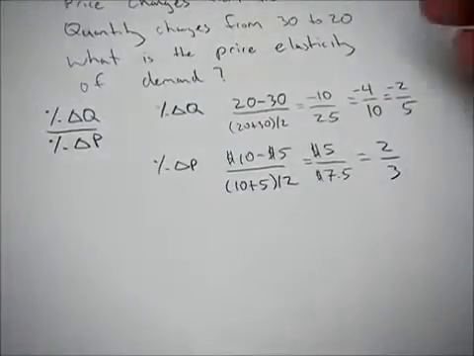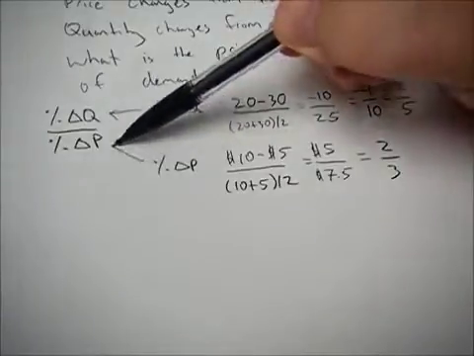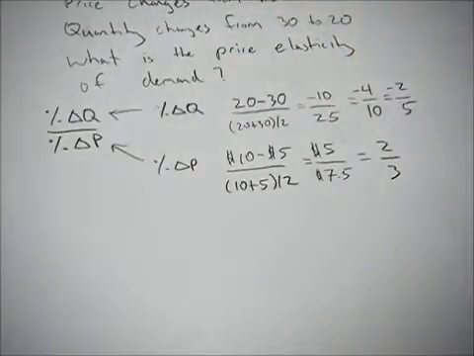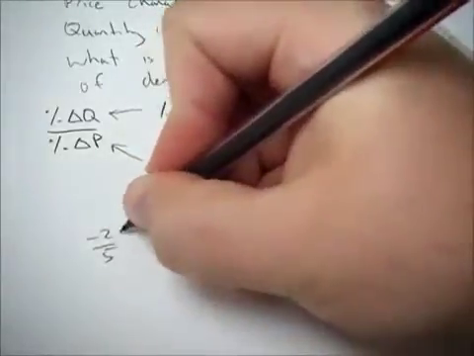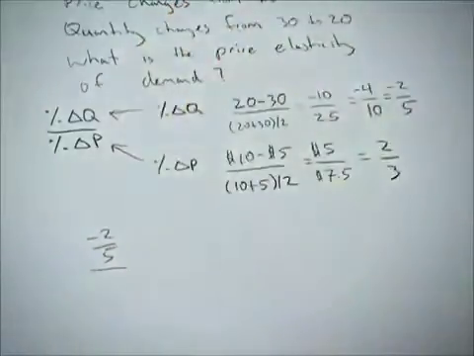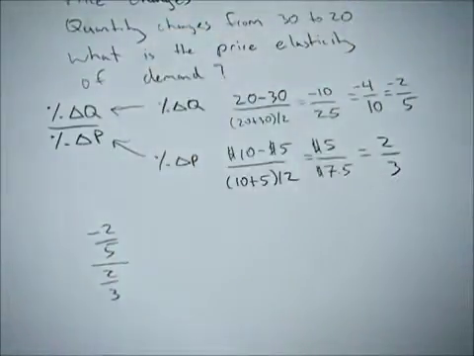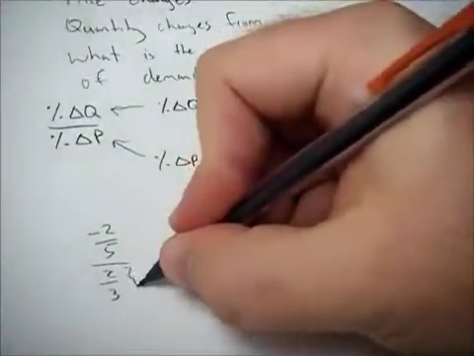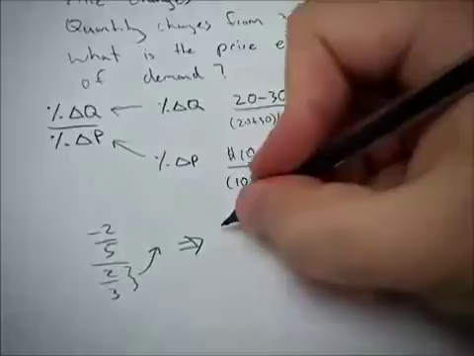So when we add those to where they go in our price elasticity of demand formula, our numerator is going to be negative 2/5. Our denominator is going to be 2/3. Using that invert and multiply rule, we can take this denominator and flip it and multiply it by the numerator.